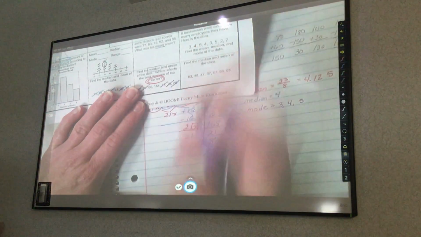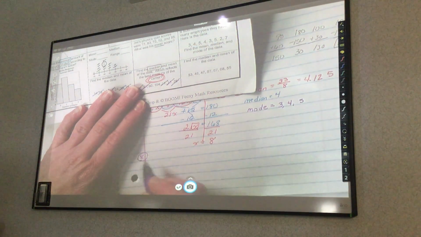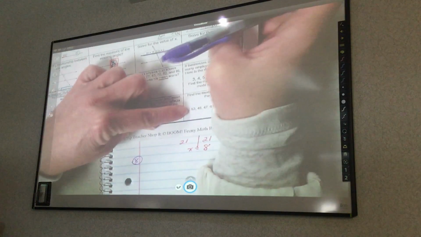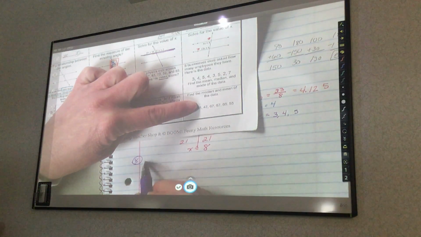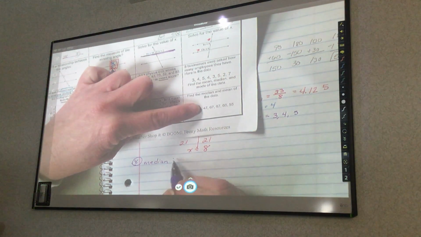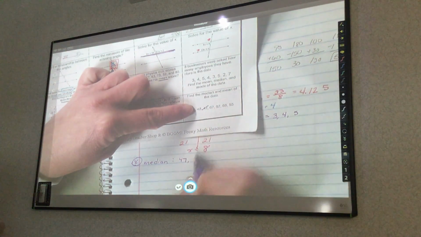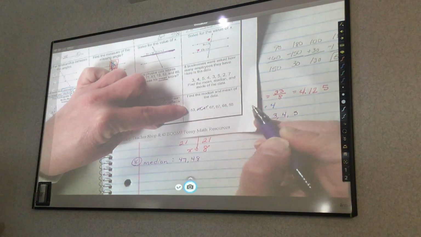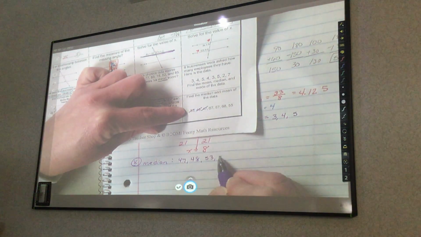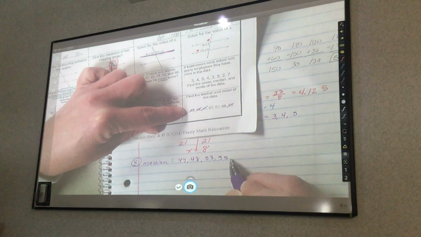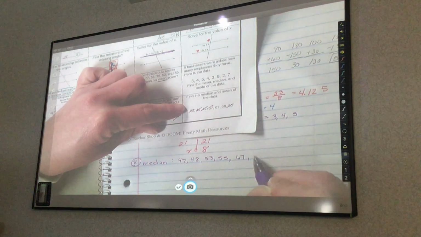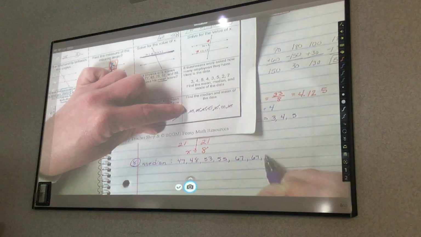Number 8, find the median and mean of the data set. So I'm just going to do this one just to give an example. To find the median, I start with 47, cross it off, then 48, cross it off, 53, cross it off, 55, cross it off, then 67, cross it off, another 67, cross it off, and then a 68.